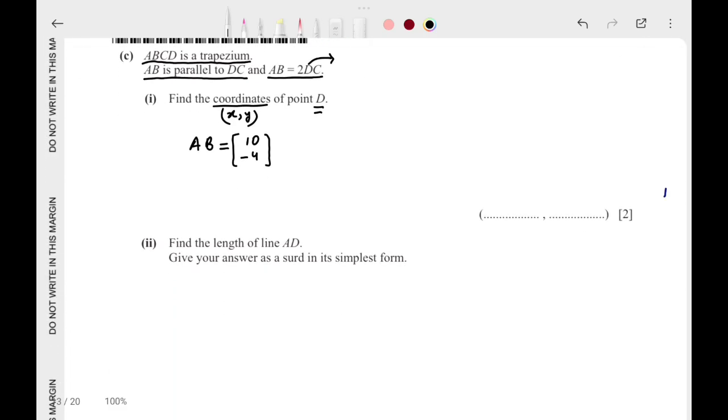So we are going to use the same condition here, like (10, -4) is equal to 2 times. So with the help of position vectors again, we would be able to find the coordinates of D, and that would be OC minus OD.